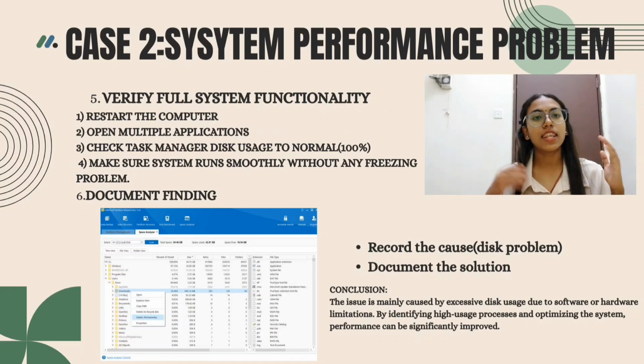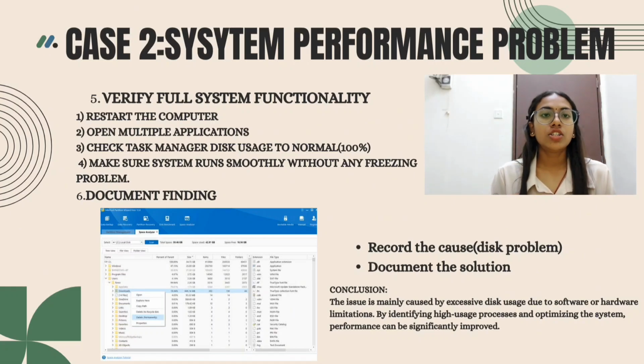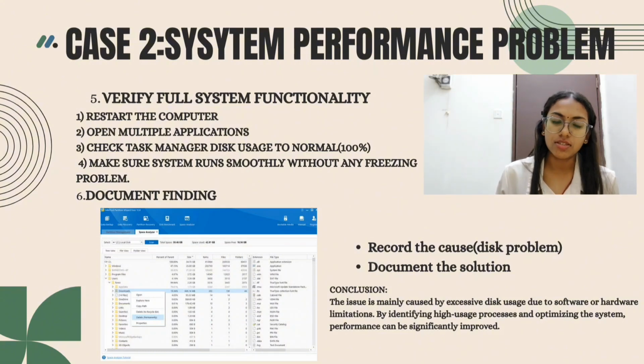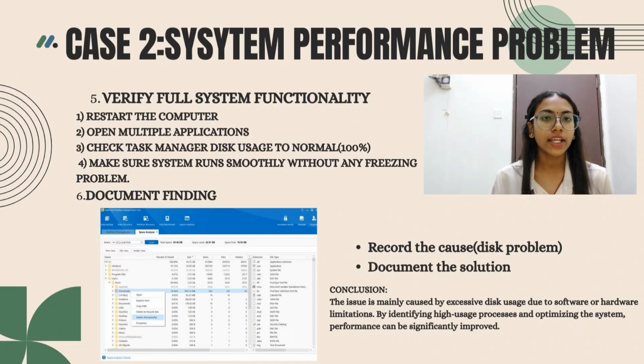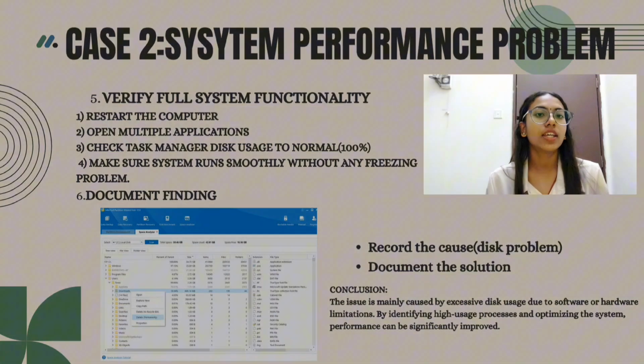And for the last, sixth step, document findings, which is we need to record the causes of this problem and document the solution. The conclusion of this case 2 is that it is mainly caused by excessive disk usage due to software or hardware limitations. By identifying high usage processes and optimizing the system, performance can be significantly improved.